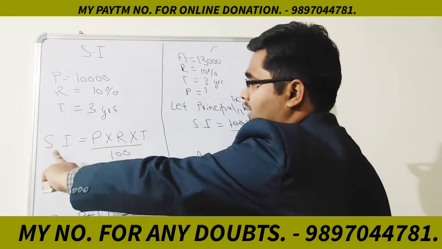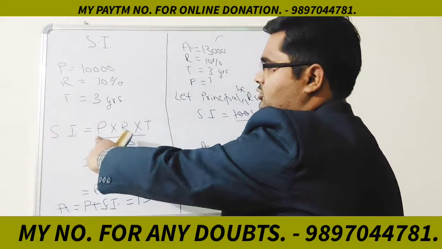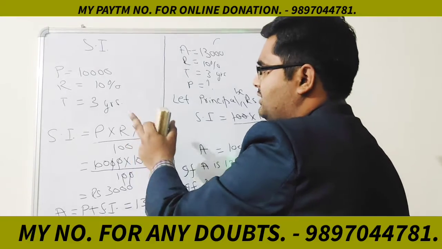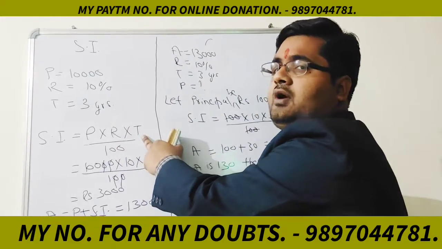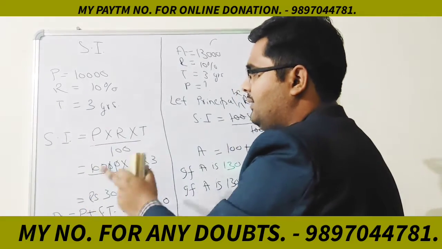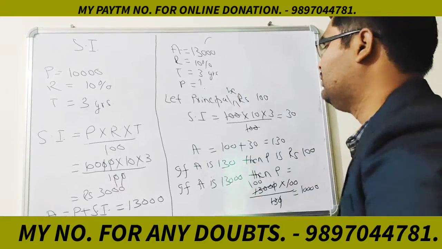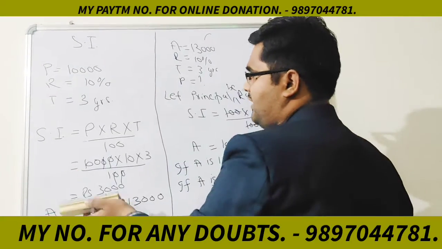Like if SI is given as 200, you put SI 200, principal is 10,000, rate is 10%, and you have to calculate time. So T will remain T upon 100. Then you cross multiply, and then you can find the value of T. So that is one example I have done of SI.